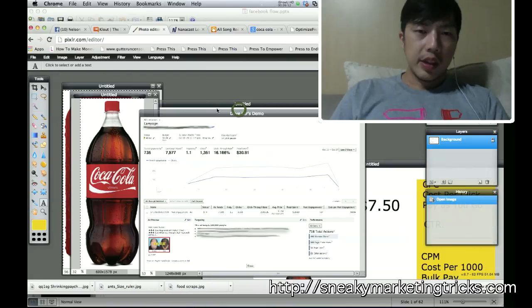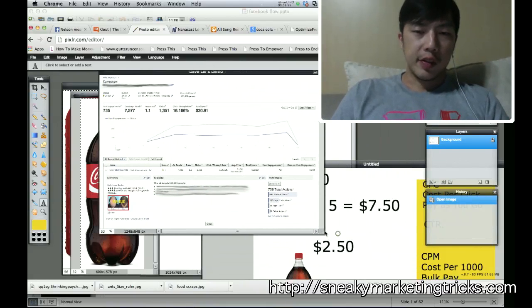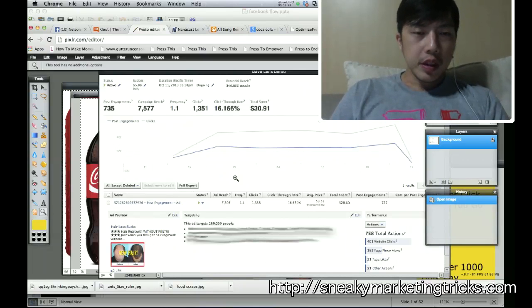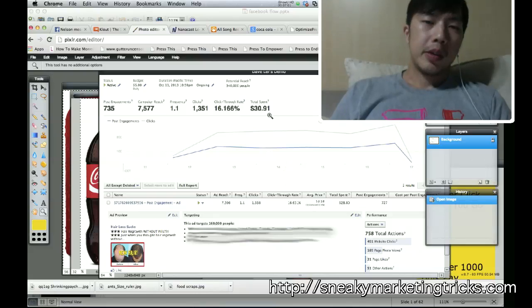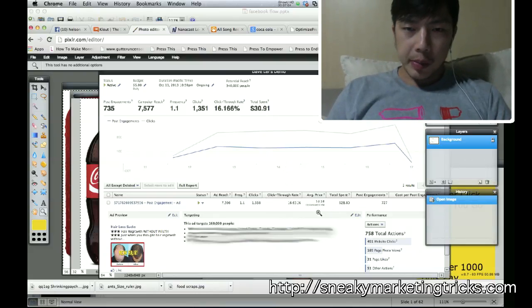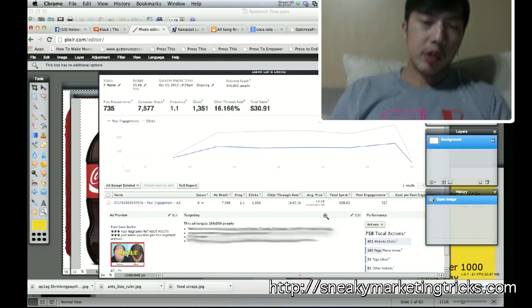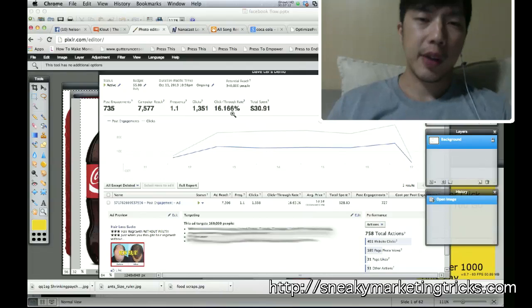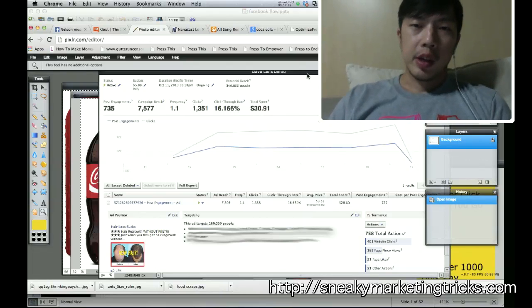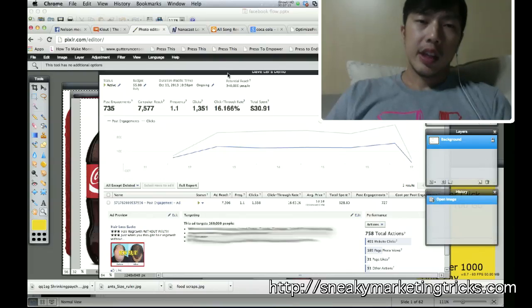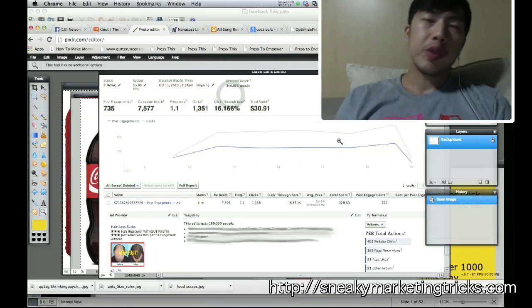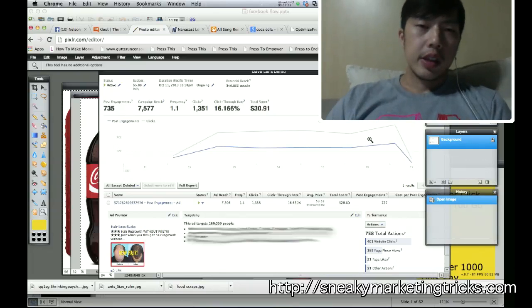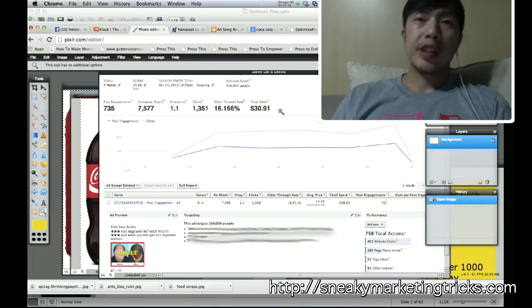This was a project that I did for one of my teammates, and as you can see, the CPM was actually quite high at $3.58, but because we had a 16.16% click-through rate, the cost per click was still very low. It was only about 1 or 2 cents per click, and we had an enormous number of clicks for a very small price.